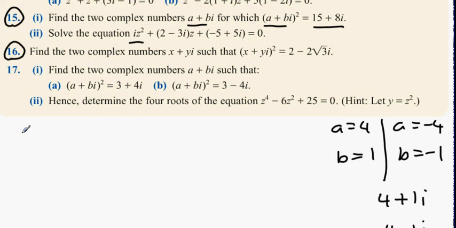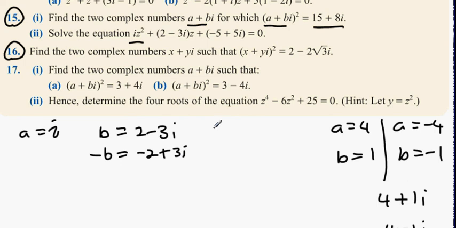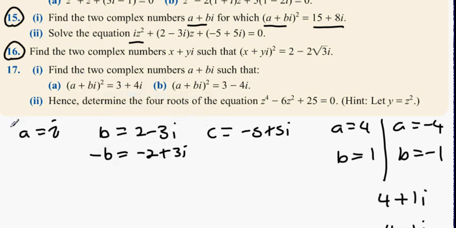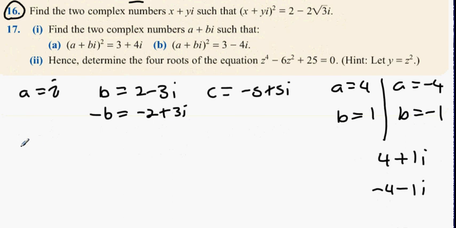So we can see i z squared, so that means that a equals i, b equals 2 minus 3i, therefore minus b equals minus 2 plus 3i, and c equals minus 5 plus 5i. Now that this is done, once again we're going to revert to the minus b formula.